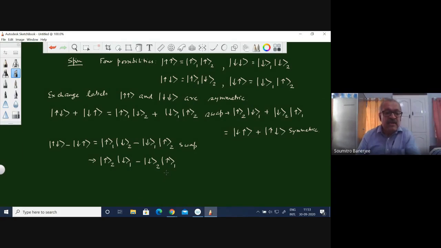Now notice that this is nothing but this, but with a negative sign, because one was down, one was up, minus one was up, two was down. So you notice that this is actually the negative of this. So this is then antisymmetric.